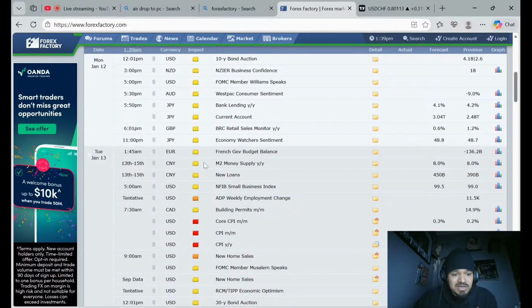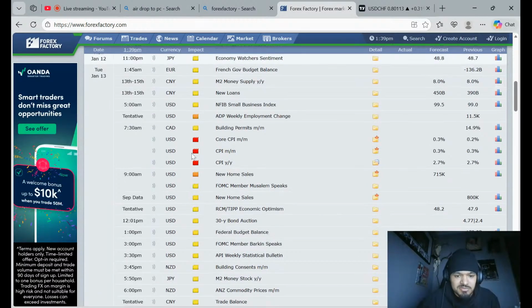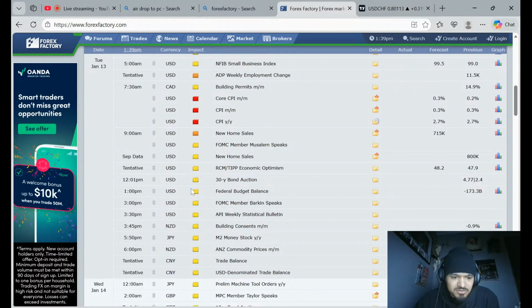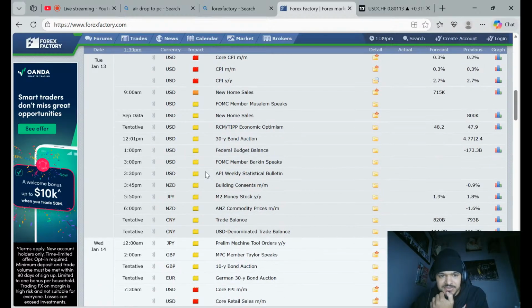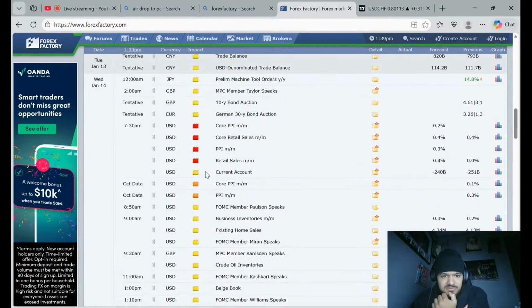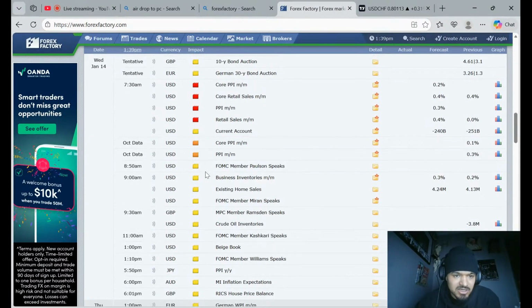You have CPI on Tuesday, so that's probably going to be crazy. You've got folders all day on Tuesday. I wouldn't trade Tuesday. You've got PPI on Wednesday. That's red folders. That's a lot.